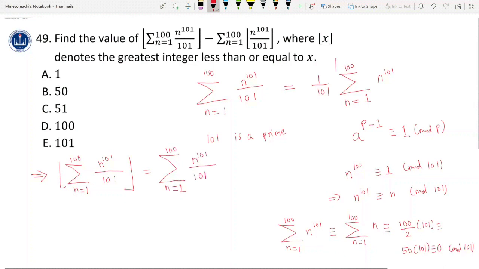Why? Because we saw that 101 divides this, so it means this whole thing is an integer. Okay, so let's move on.